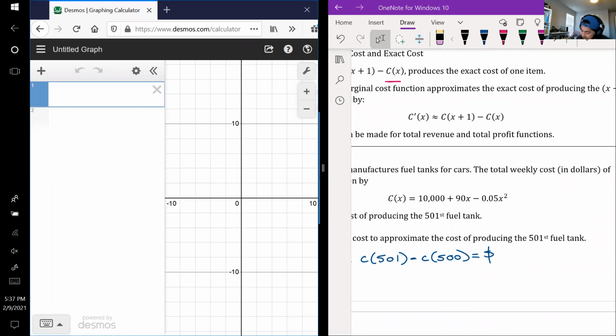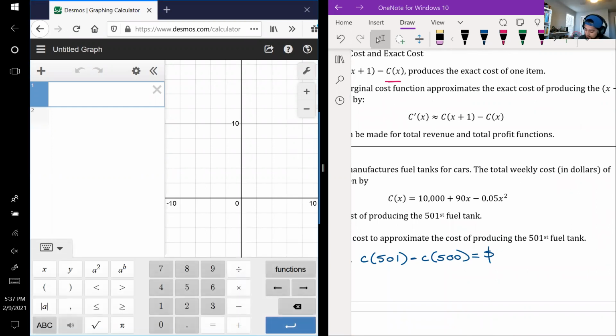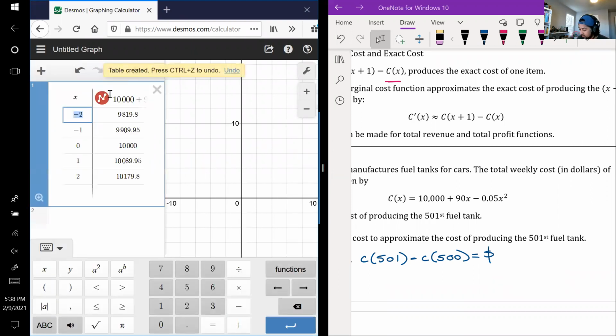Right here. So as it's seen, actually, I'm just going to do this. I'm going to type in the actual cost function: 10,000 plus 90x minus 0.05x squared. And then I'm going to change it into a table.